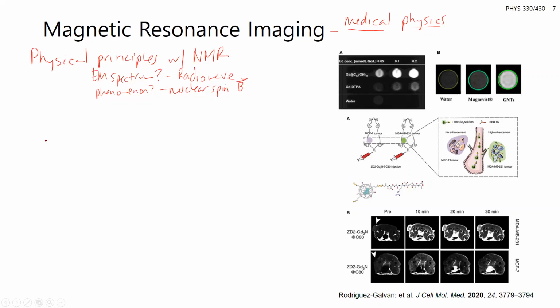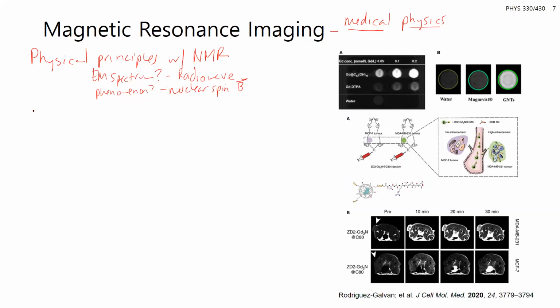So MRI obviously has to have a different type of setup compared to an NMR. We can't throw a mouse or a human in a little glass NMR tube. So the electromagnetic coil has a relatively large diameter, maybe something around 70 centimeters or so, and the magnetic field ranges are in the 1 to 7 Tesla range.